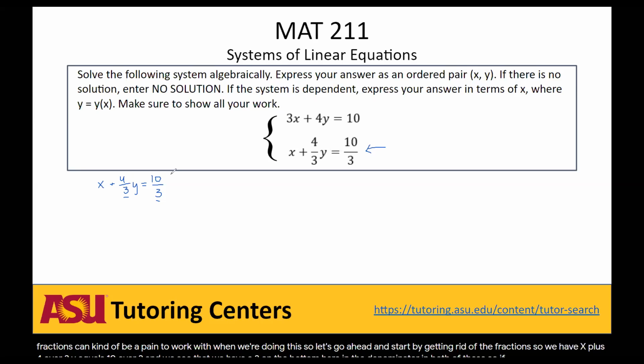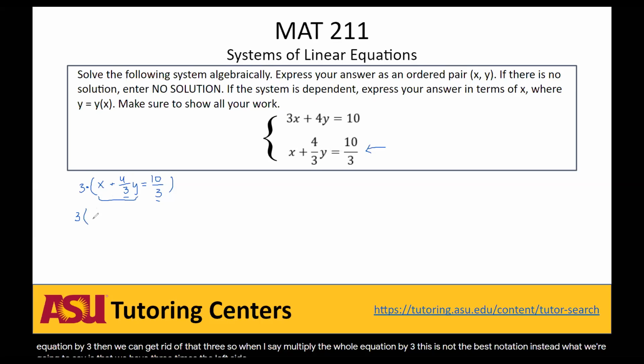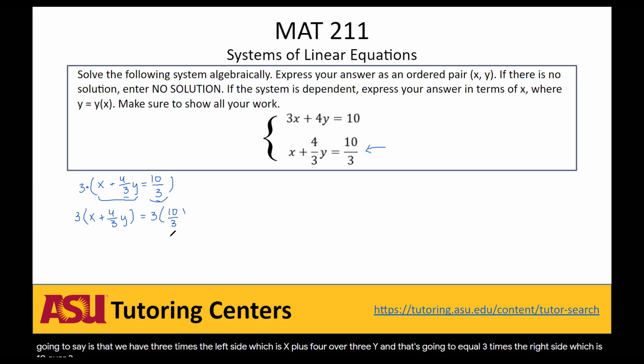So if we multiply the whole equation by 3, then we can get rid of that 3. When I say multiply the whole equation by 3, this is not the best notation. Instead, what we're going to say is that we have 3 times the left side, which is x plus 4 over 3y. And that's going to equal 3 times the right side, which is 10 over 3.